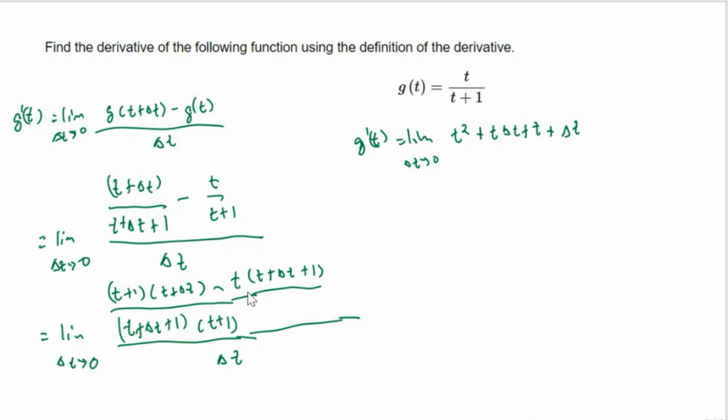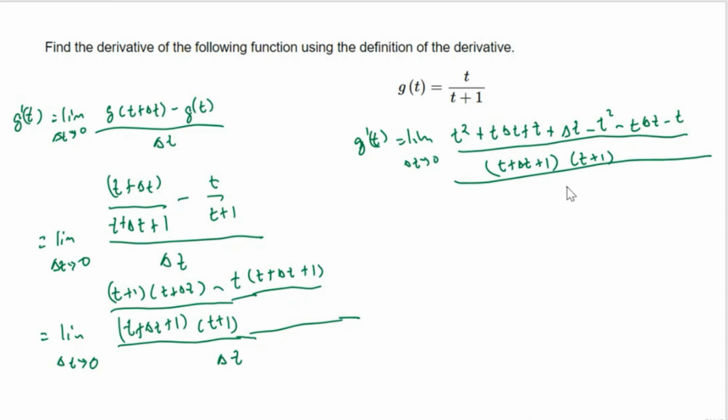Then the second term, we use the distributive property: negative t times t is negative t squared, and negative t times delta t, we have negative t delta t, and negative t times 1, we have negative t, all over the LCD, which is t plus delta t plus 1 times t plus 1, all over delta t.